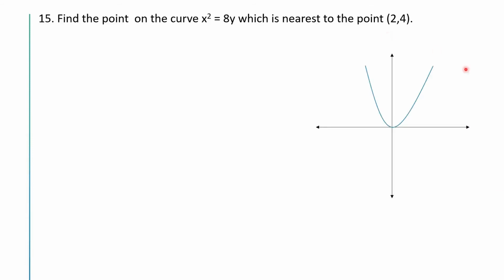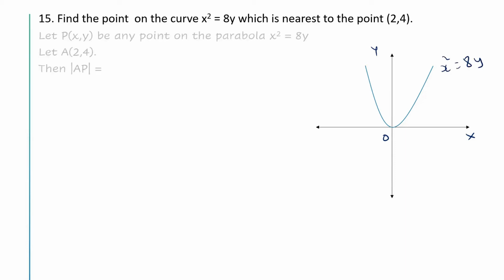So let us take this curve, x square equal to 8y, and let P x comma y be any point on the parabola x square equal to 8y, and let A be the point 2, 4.